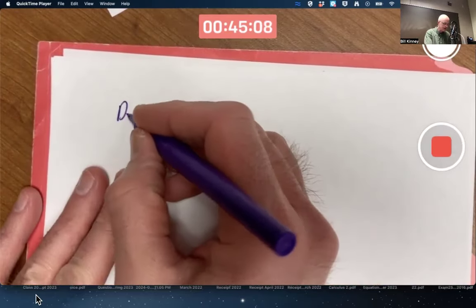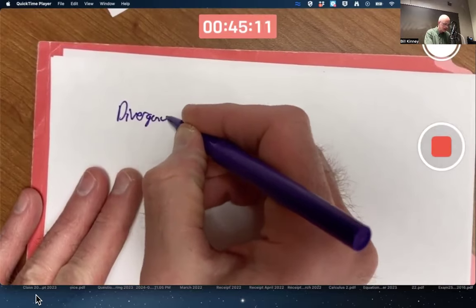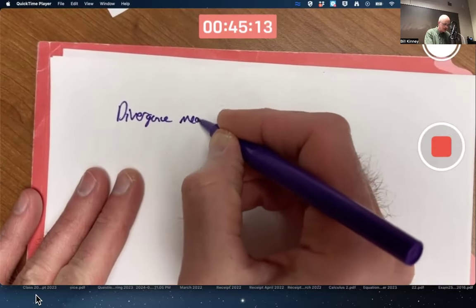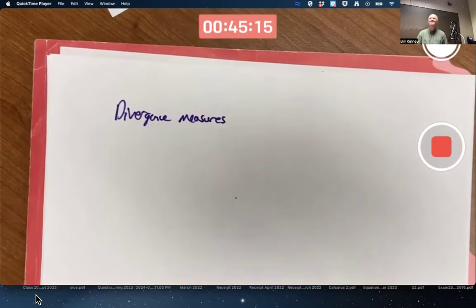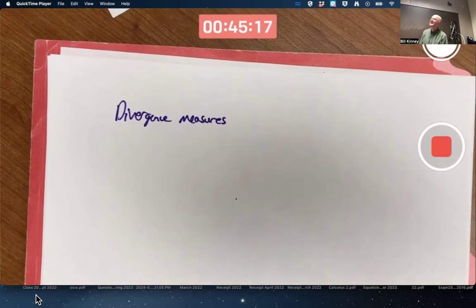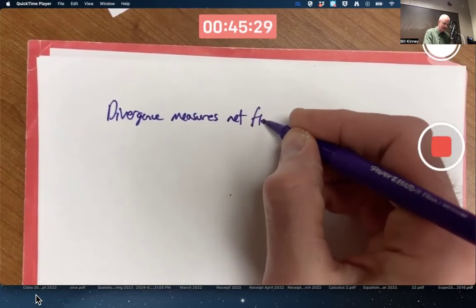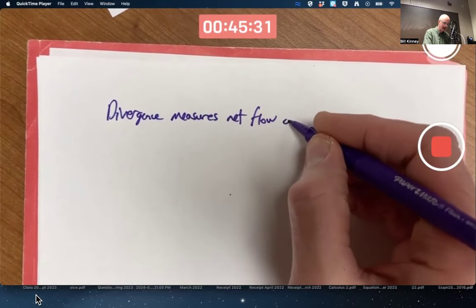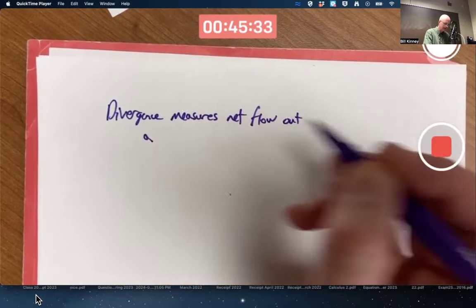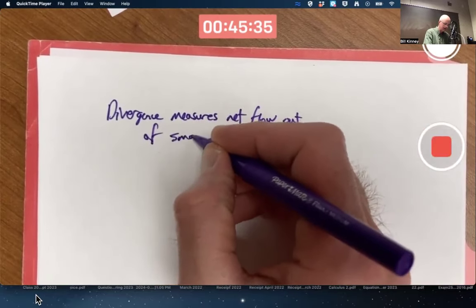Effectively, divergence measures net flow out of small regions.